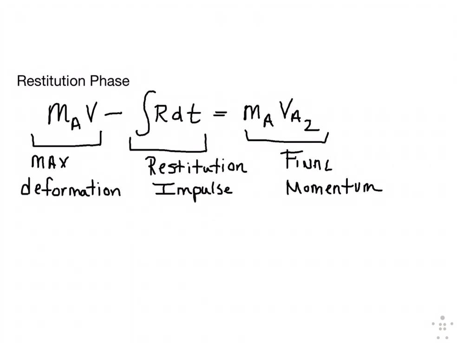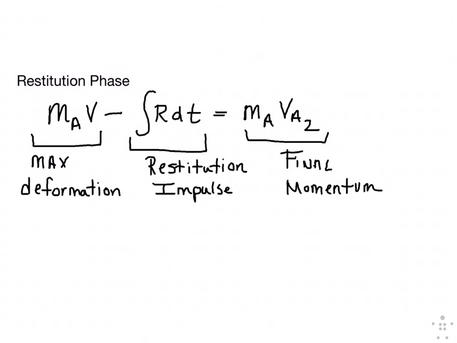The next part of our impact process is that these particles are going to break apart. So we go through what's called a restitution phase, and these particles are going to experience a restitution impulse. So if we look at the restitution phase for particle A, it starts out with the momentum of particle A's mass times the common velocity, and then the restitution impulse is what breaks it apart.